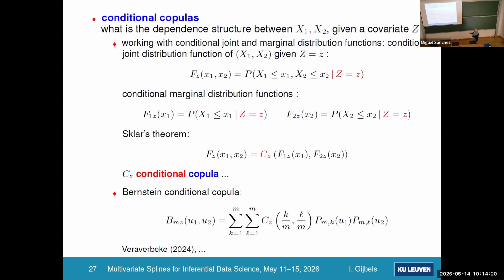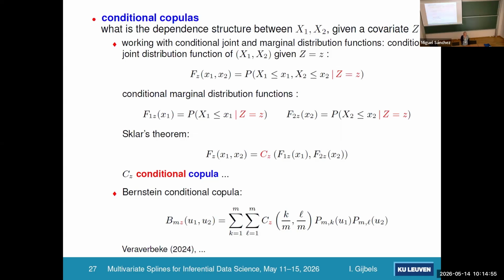So there is usually a whole bunch of covariates, of which I now have just the univariate case Z. That's not a problem, because then you're interested in conditional dependencies. John has talked about conditional densities and distribution functions. So now you apply Sklar's theorem to conditional probabilities. That's no problem. So you have something like a conditional copula, where actually the copula function itself depends on the realized value of the covariate.